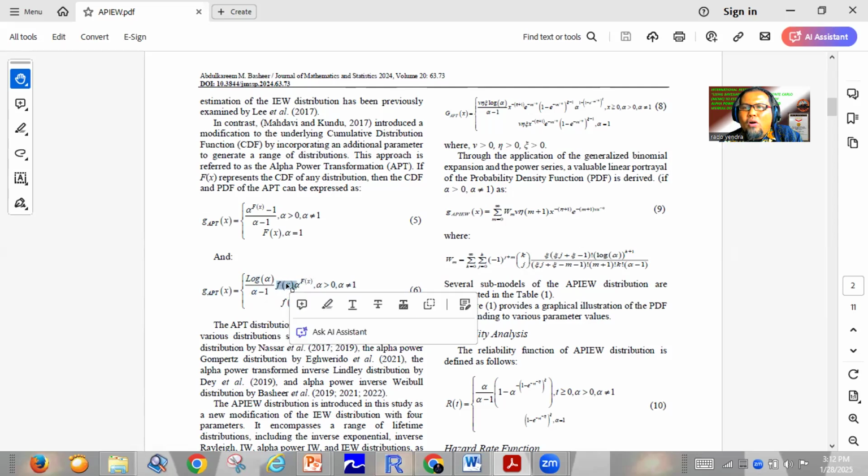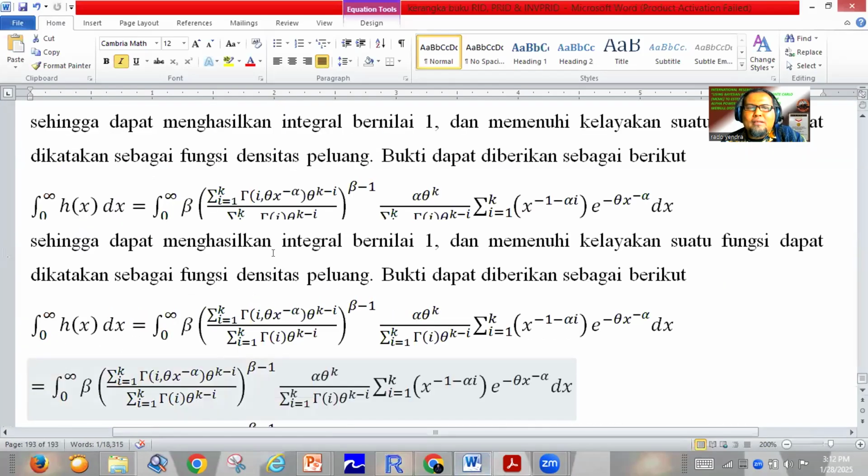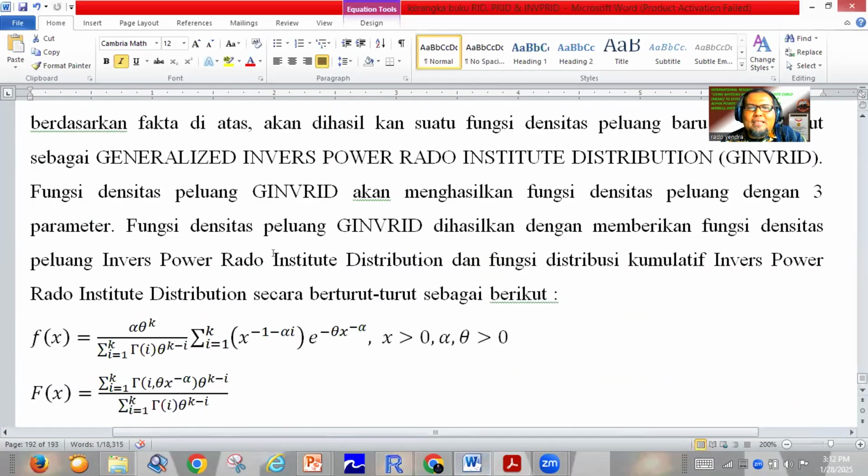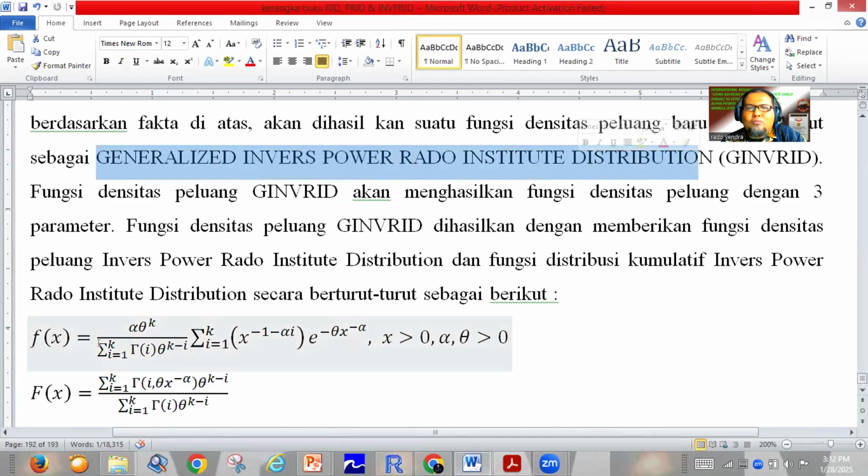In the sixth equation, there is the density function, the small fx, and the cumulative distribution function, the capital FX. For this time, we will use the density function of what we call the generalized inverse power Rado Institute distribution.